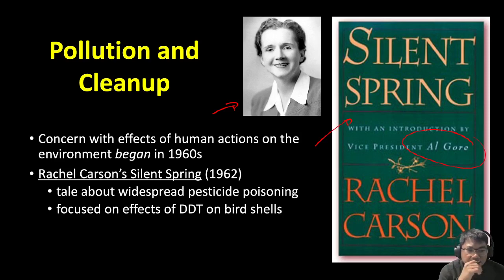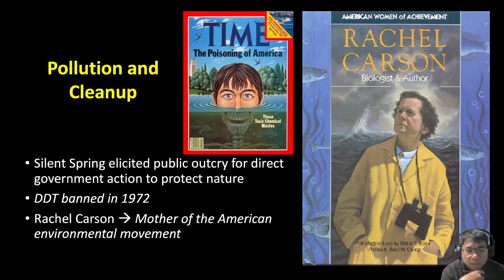Okay, she was mostly talking about the widespread use of pesticides. Okay, and she focused on the effects of DDT, which is the pesticide that was widely used at that time, on bird shells. Okay. Silent Spring elicited public outcry for direct government action to protect nature.